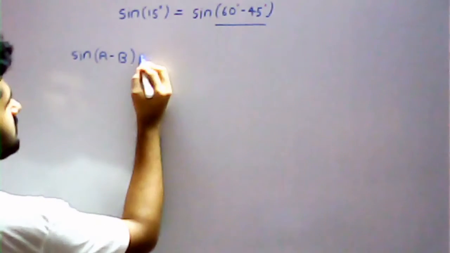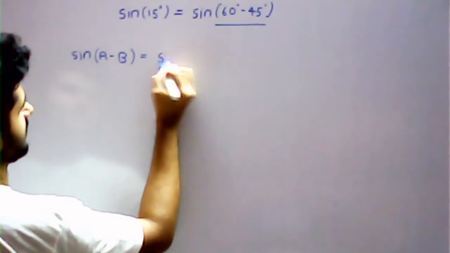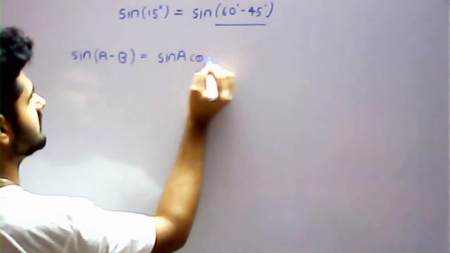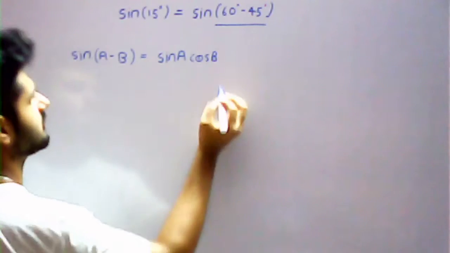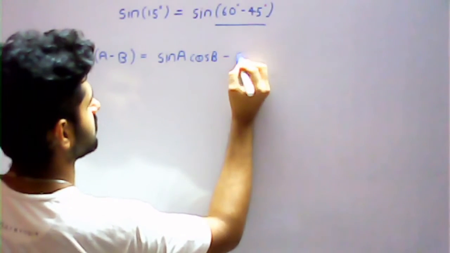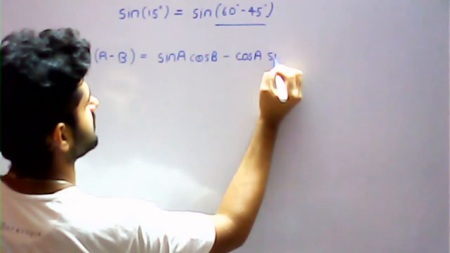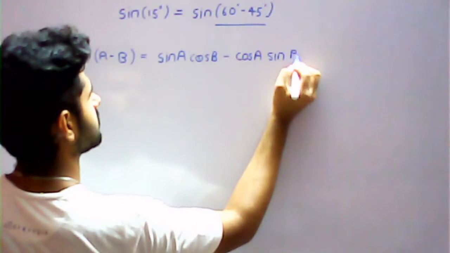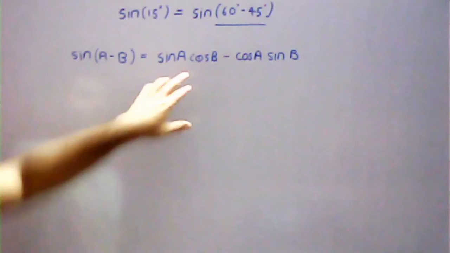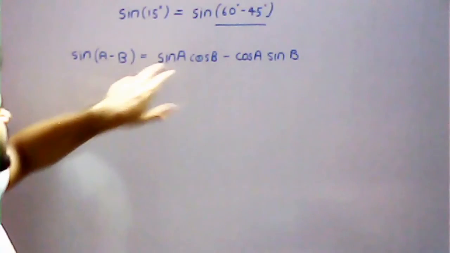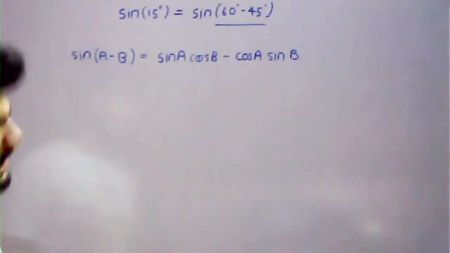So as this is in the format of sine A minus B, you all must be aware of this formula, which is sine A cos B minus cos A sin B. Here 60, let's consider as A and B is 45 degree.